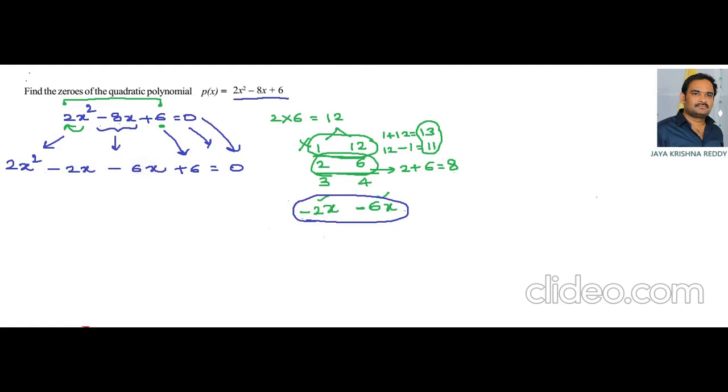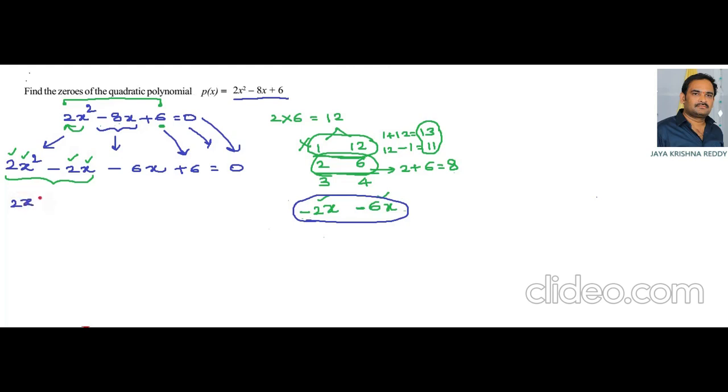From the first two terms, 2x square minus 2x, the coefficient of x square is 2 and the coefficient of x is 2. Both are the same number, 2 and 2. So you can take 2 as common, and in the first term x square is there, and in the second term x is there. So x you also have to take as common.